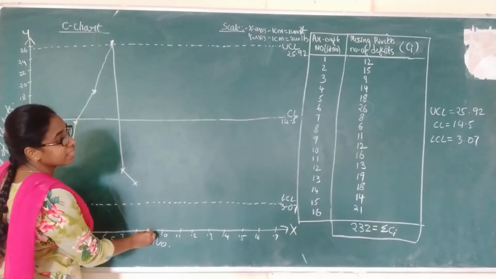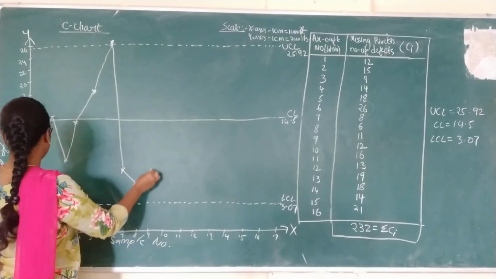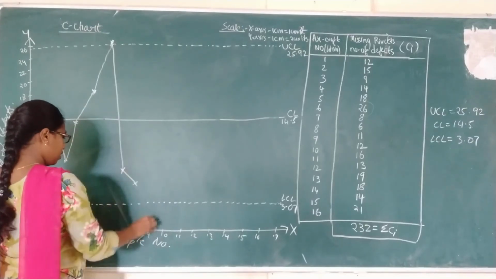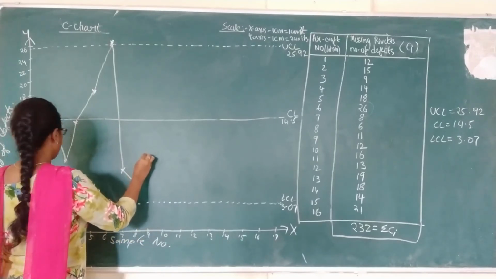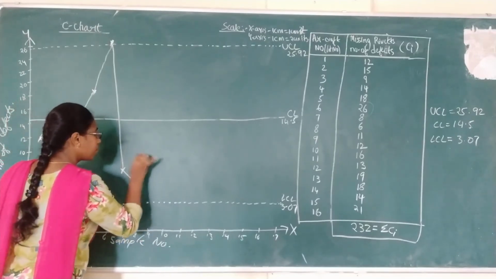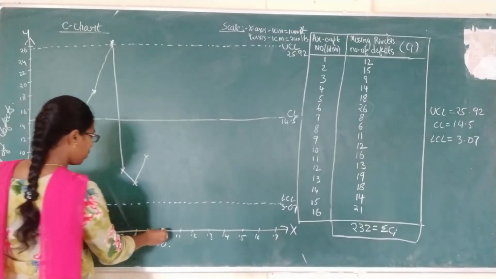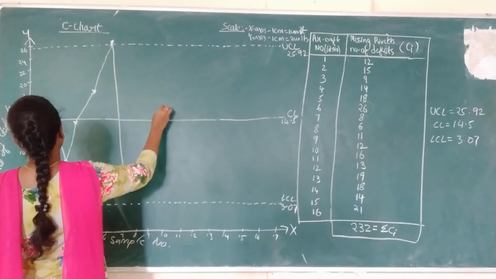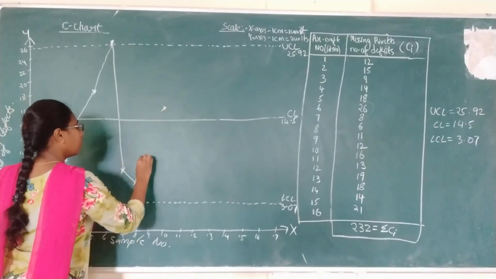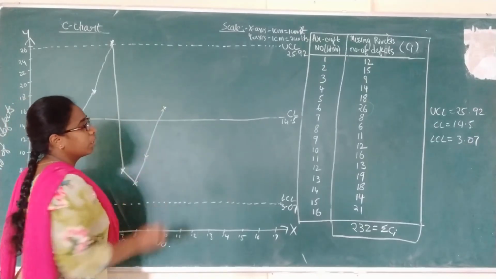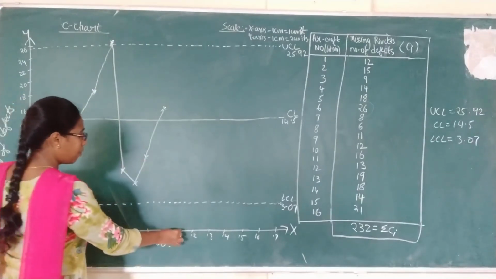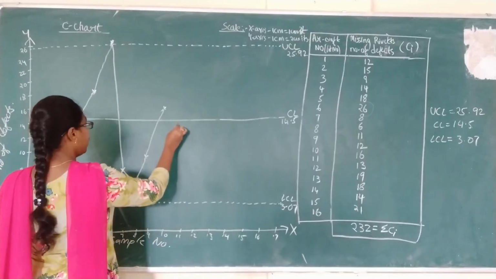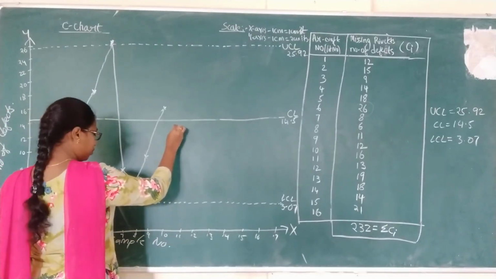For the ninth sample, the value is 11. So in between 10 and 12, ninth sample, 11. For the 10th sample, the value is 16. And for the 11th sample, the value is 13. So in between 12 and 14, you will get 13.